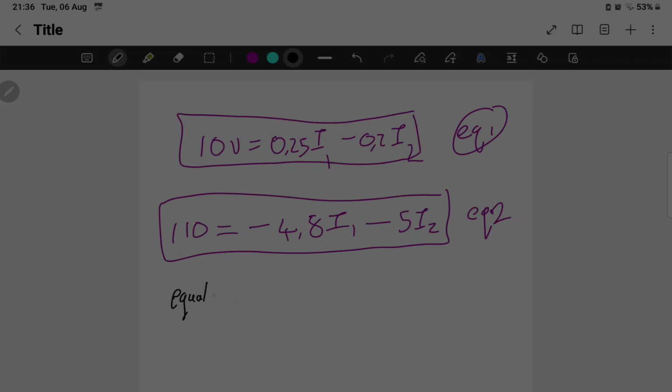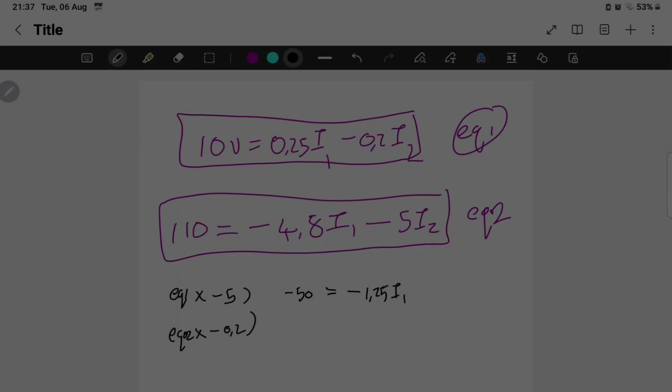For equation 1, we are going to multiply it by negative 5, and equation 2 we're going to multiply by negative 0.2. So equation 1 multiplied: we have 10 multiplied by negative 5, so we have negative 50, and 0.25 multiplied by negative 5 equals negative 1.25 I1.